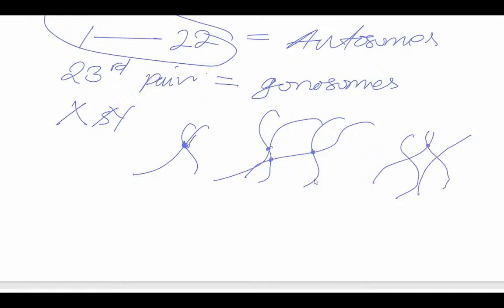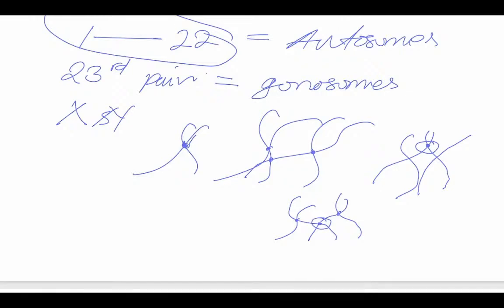It can be this or it can be this. So they are looking for this point where two chromatids of homologous chromosomes cross over. How do you call that point?